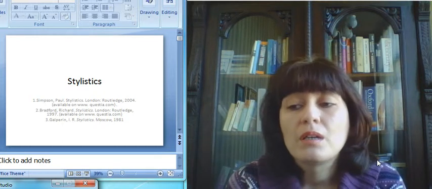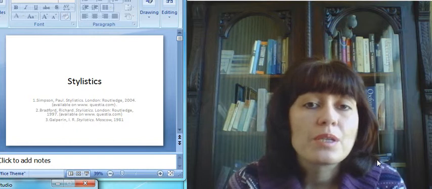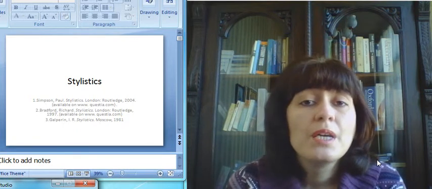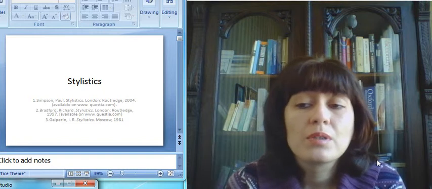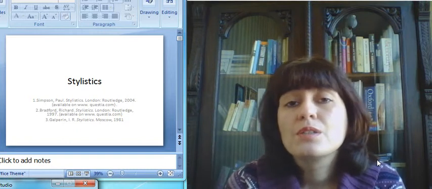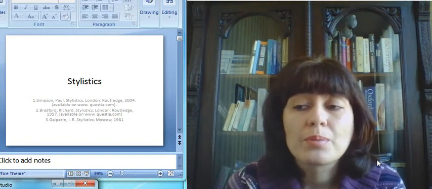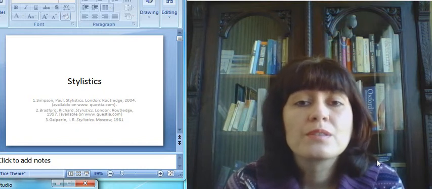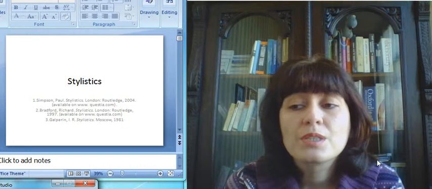So in spite of its clearly defined remit, methods and objects of study, there remain a number of myths about contemporary stylistics. Of course, hardly anyone will argue the idea that stylistics is an elusive and slippery topic.